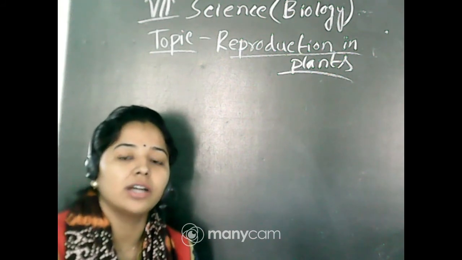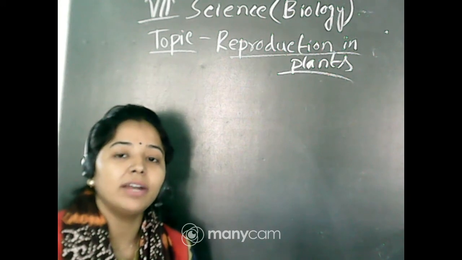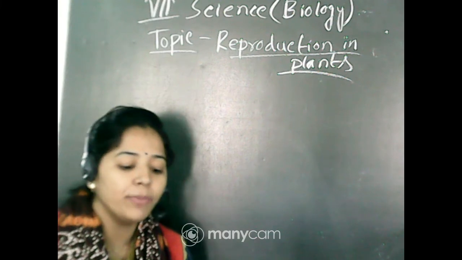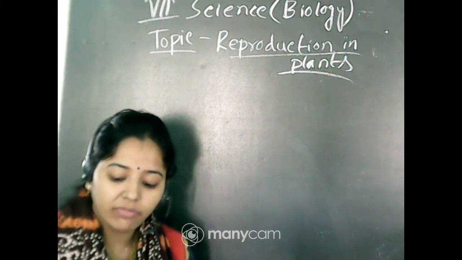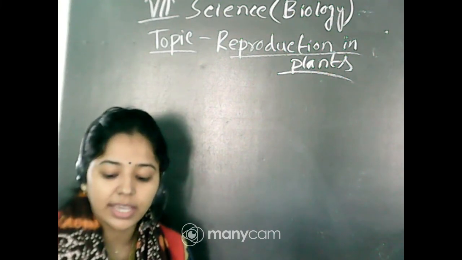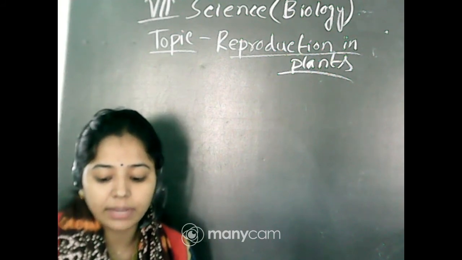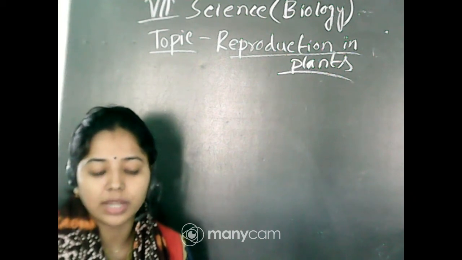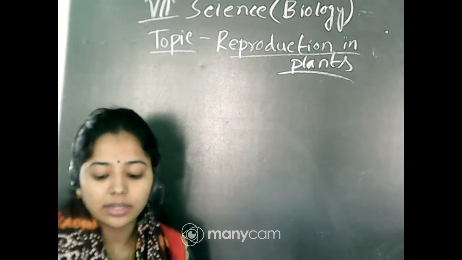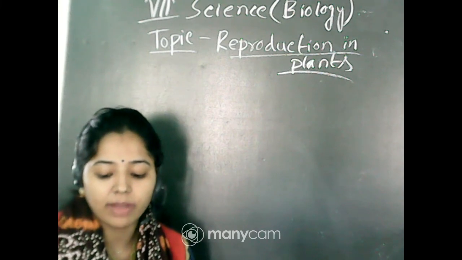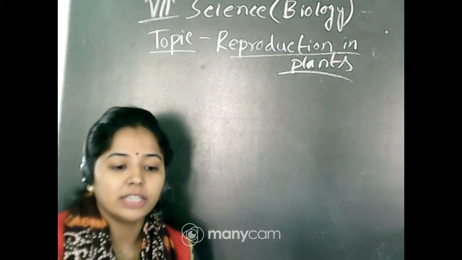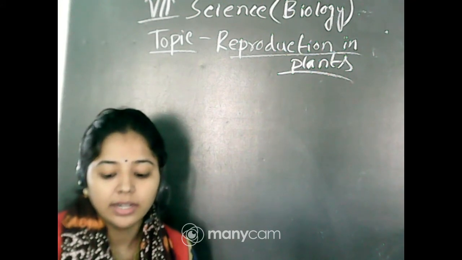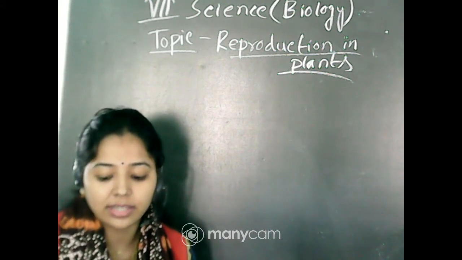And when it occurs between different flowers of the same kind of plant, then it is known as cross pollination. I hope you understood this portion. In figure 12.10 you can see that stigma and anther are both present in a flower, that is, a bisexual flower. When pollination takes place within the same flower or the same plant's flowers, it is known as self pollination.